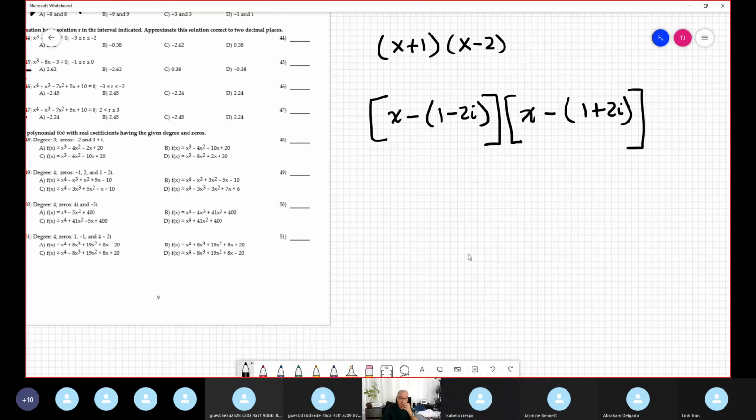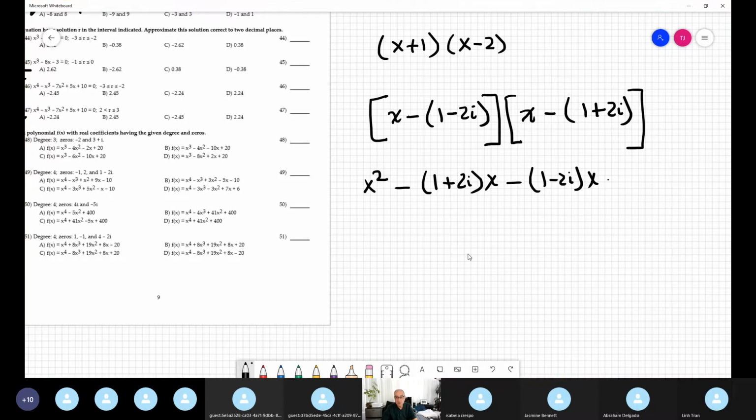Yes. Now FOIL. FOIL is x squared minus 1 plus 2i x, minus again 1 minus 2i x, plus, oh, I like the shortcut.